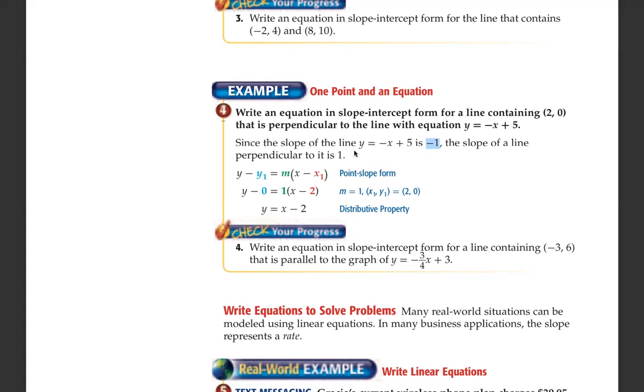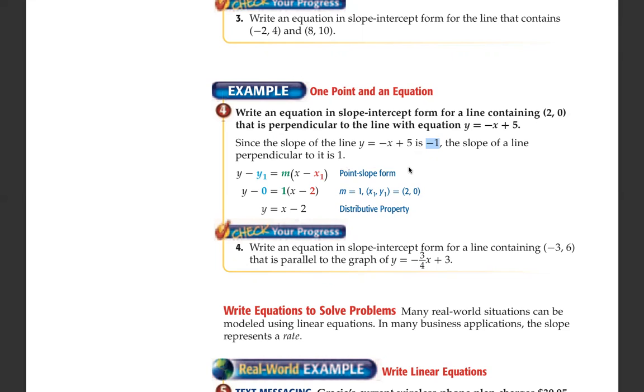Therefore the line perpendicular to that has slope positive 1, because the opposite reciprocal of negative 1 is positive 1. But if it's negative 2, its opposite reciprocal is positive 1/2.